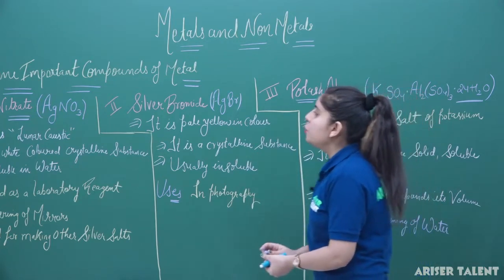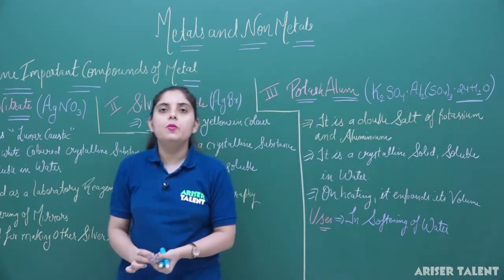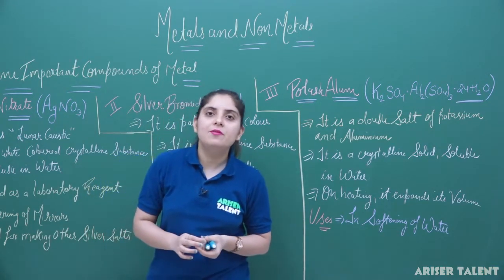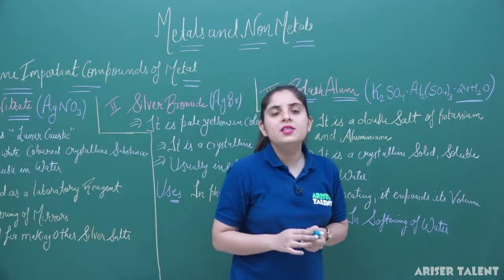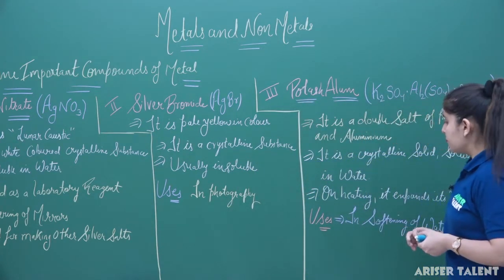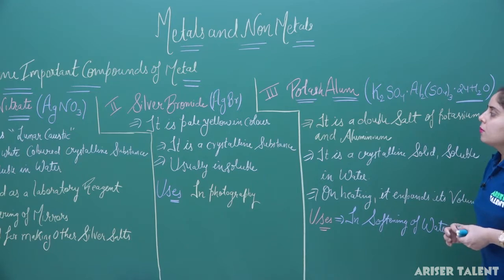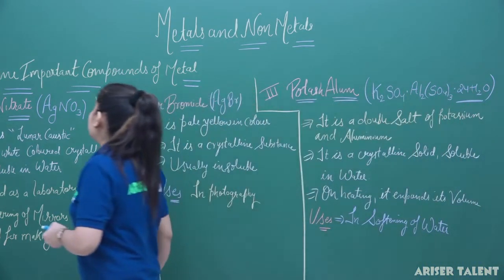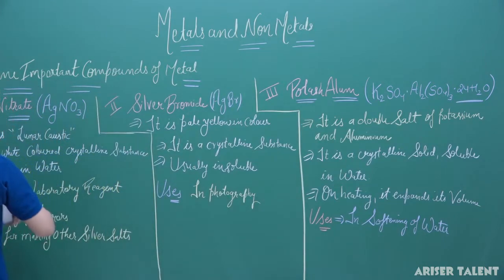So these are the general uses of some of the compounds related to metal here. Now we are left with only one compound, that is copper sulphate. But before proceeding to this, you can copy it from here. So we can proceed to our next topic. Now our next compound is copper sulphate.